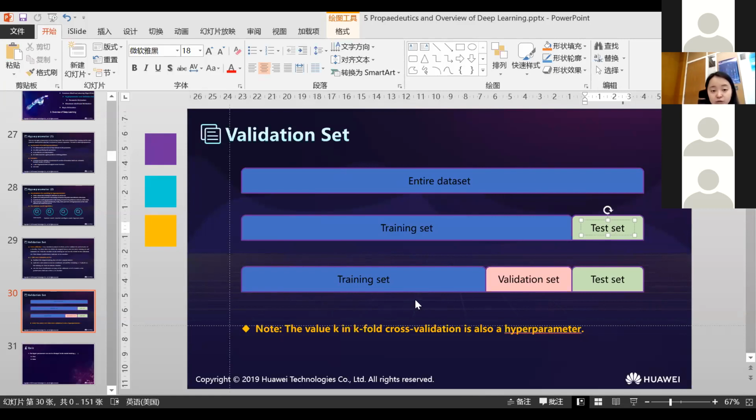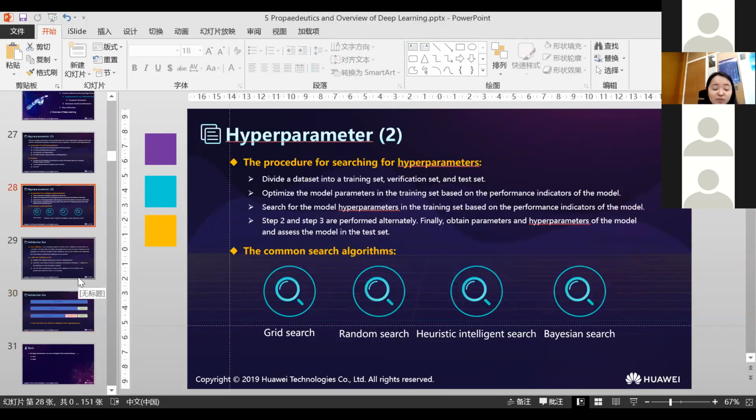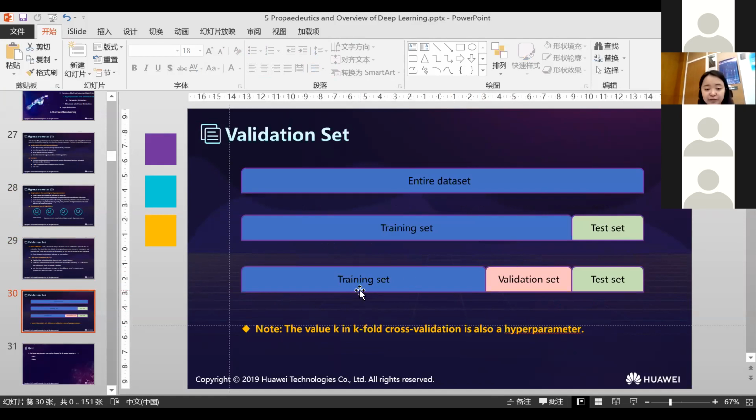After every epoch, after the first training, the validation set checks if the model has some problem or not, for example whether the model is overfitted. Also the validation set is used to find the proper value of hyperparameters. For example, we train the model for the first time and for the second time, and the validation could compare the loss values of these two times and adjust some hyperparameters.